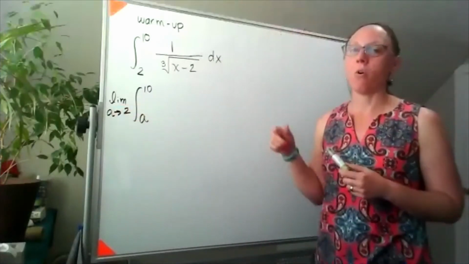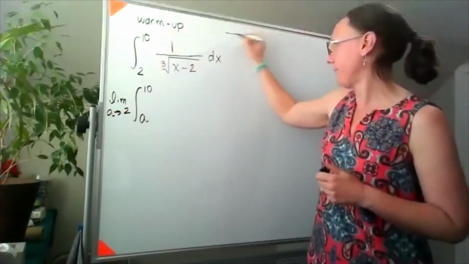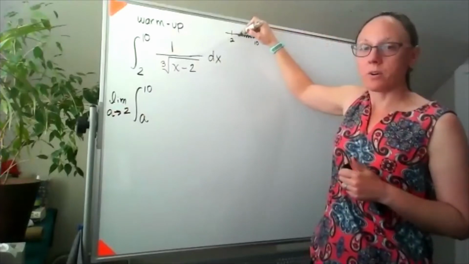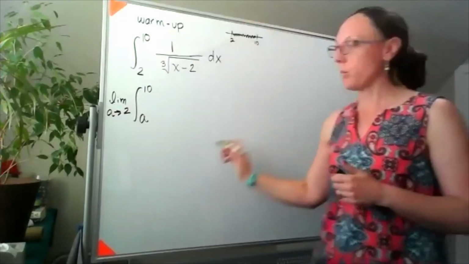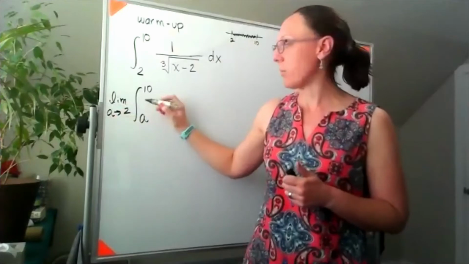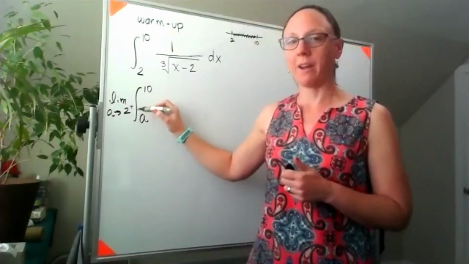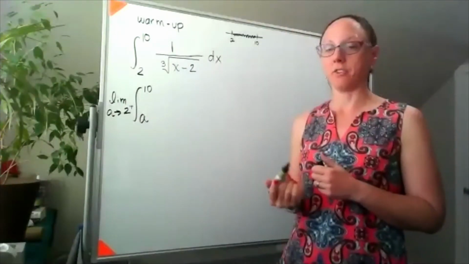If I think about all of the numbers that exist between 2 and 10, all of these numbers are on the right-hand side of 2. So when we write this limit, we want to be careful to write the limit as a approaches 2 from the right, because all of those numbers between 2 and 10 are on the right-hand side of 2.